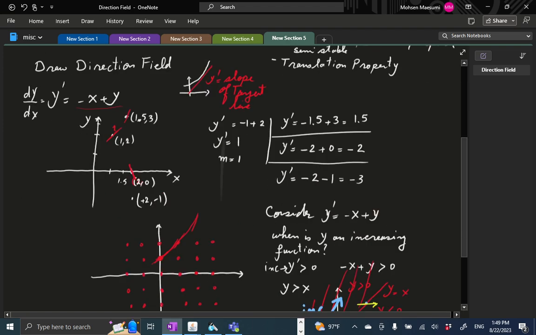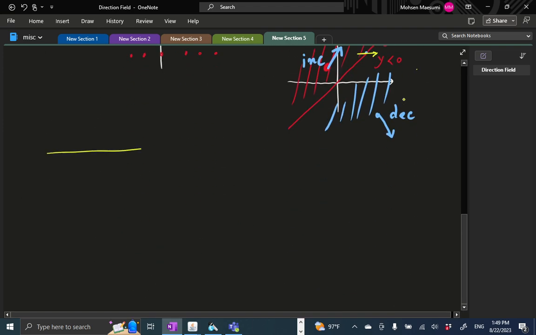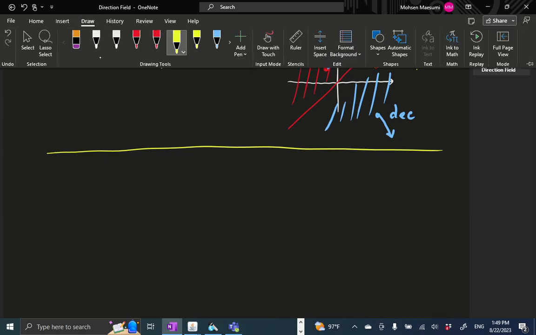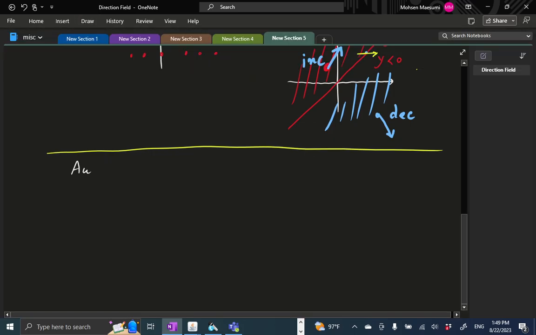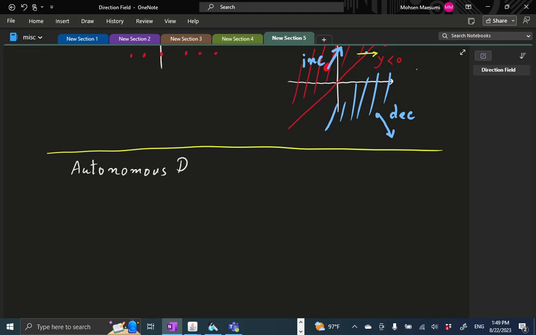So autonomous differential equation, the independent variable, that's typically x or t, does not show explicitly.